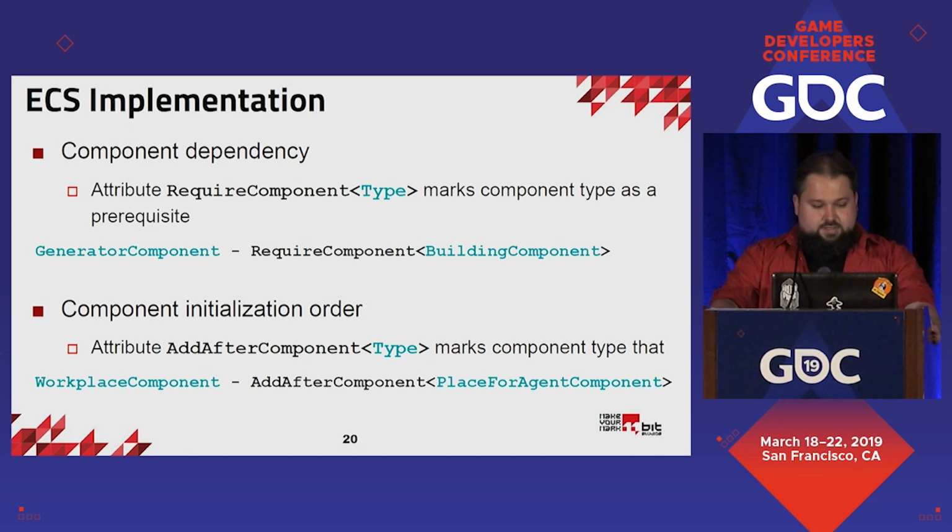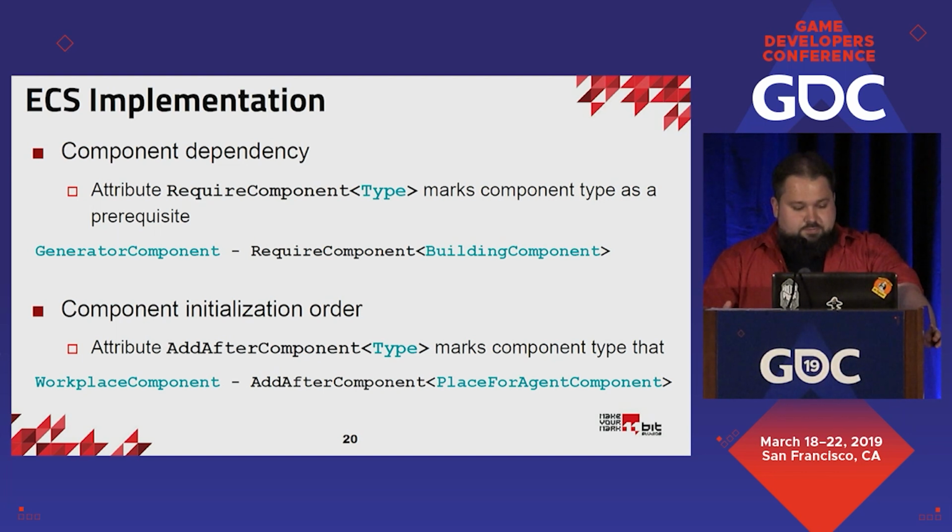And on the other hand, there started to occur a problem with initialization order. So we initialized components as they were added by the designers, but some component needed to be initialized after another component. So we introduced the attribute add after component to mark that a certain component type should be initialized before another component type.